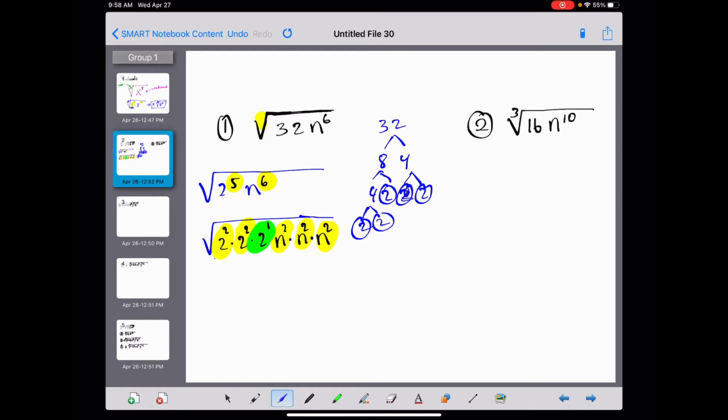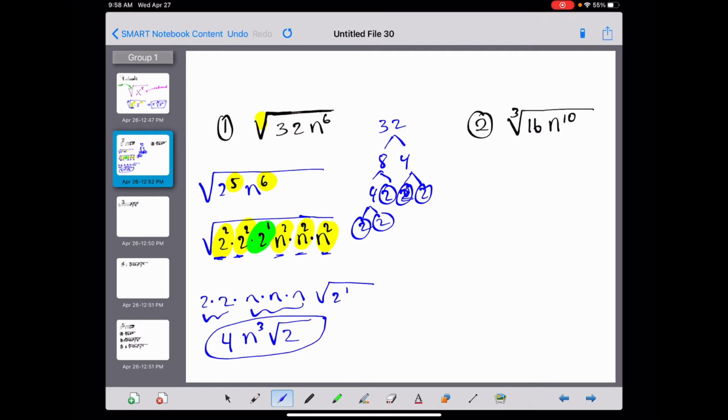So we have two 2's get out, and three n's get out, and then we have 2 to the 1st stuck inside. So 2 times 2 is 4, and that's going to be n to the 3rd power, and then we have a root 2. This right here is our final answer.